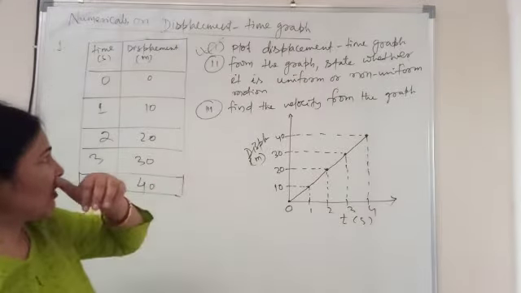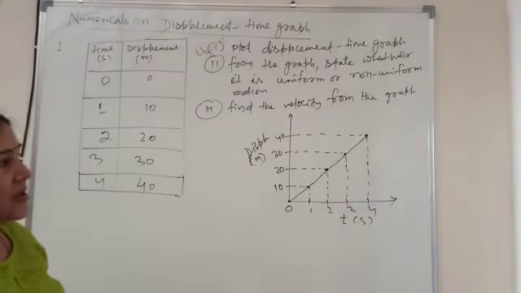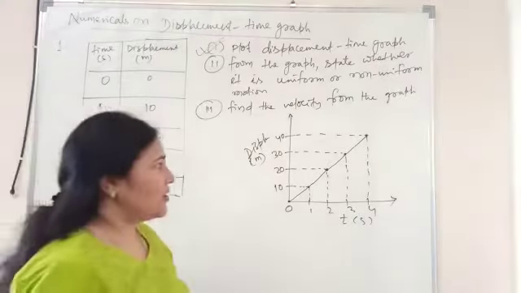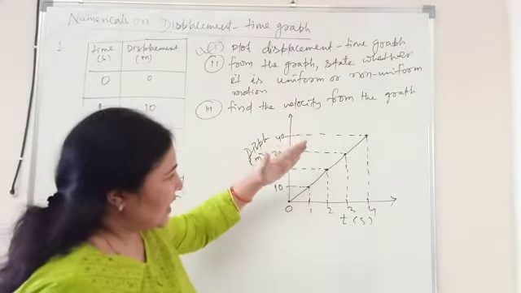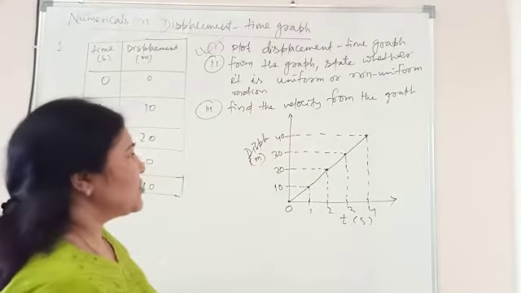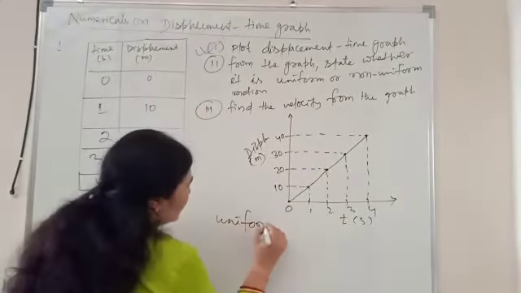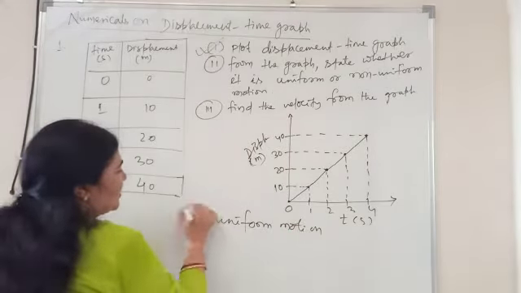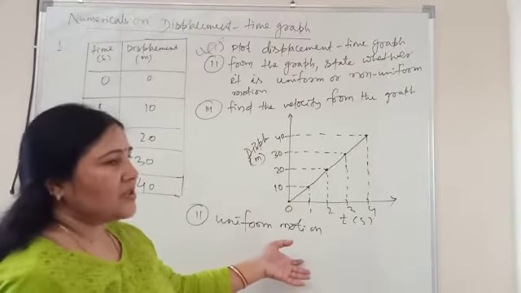Second part, from the graph you need to state whether the motion is uniform or non-uniform. When we discussed the displacement time graph, I told you that if the graph is a straight line inclined to the time axis, it is the case of uniform motion. So it is a uniform motion.